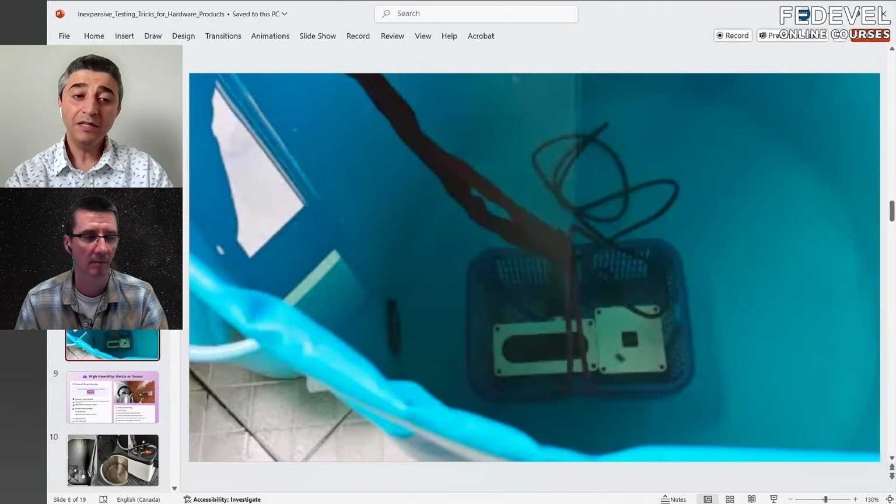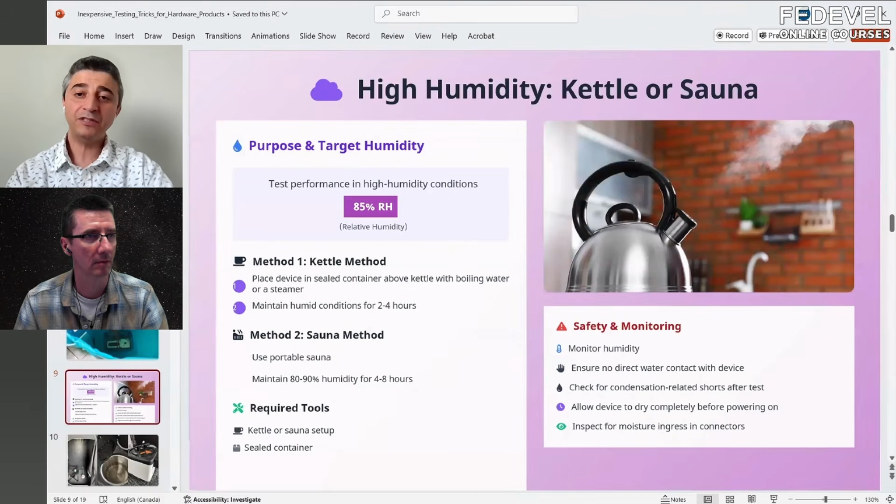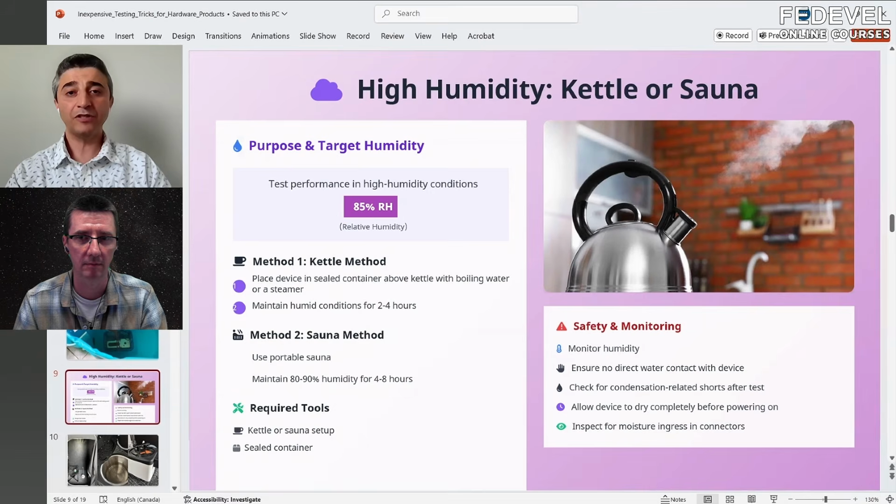The next thing is high humidity, and this is an important thing. In certain locations you might get exposed to high humidity, something above 85%, especially if your design is meant to work in coastal locations close to the sea. Usually the humidity might even be beyond 95% relative humidity.